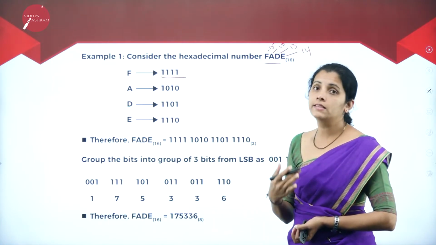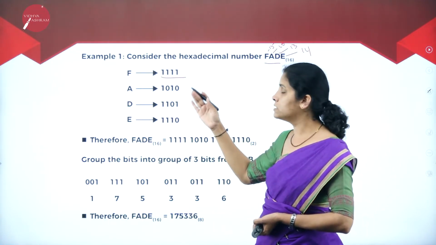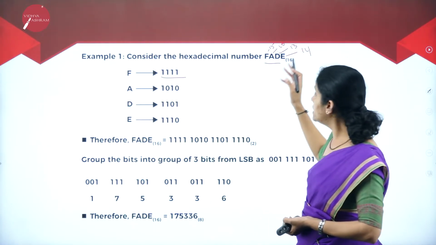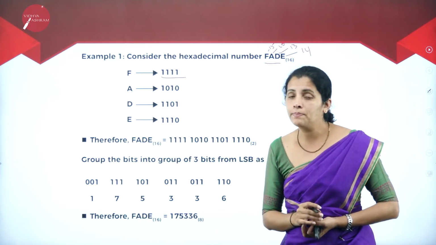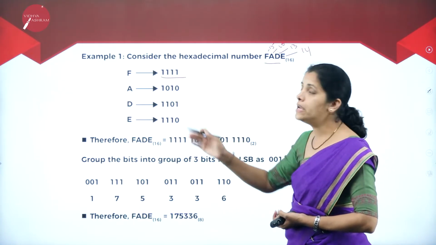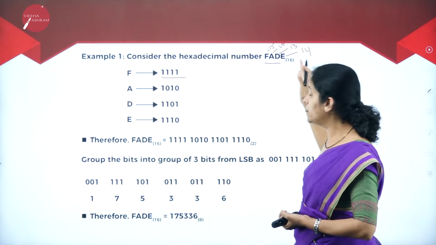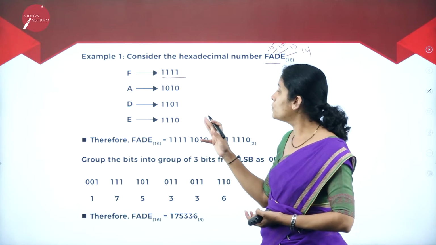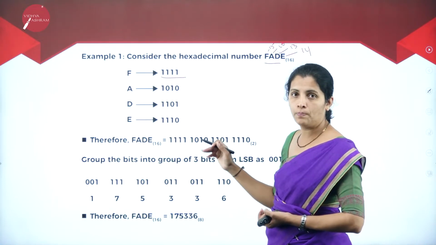For A, that's nothing but 10, it is 1, 0, 1, 0. And for D, it is 13, and what's the binary representation? That is 1, 1, 0, 1. And for E, it is 14, and what's the binary equivalent? That is nothing but 1, 1, 1, 0.